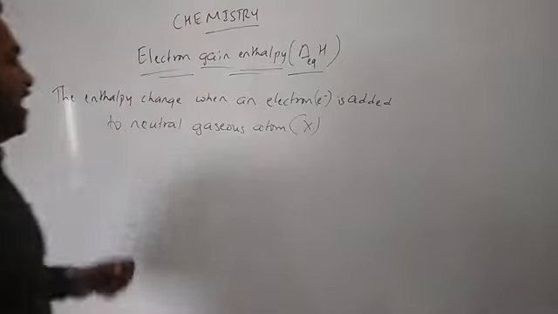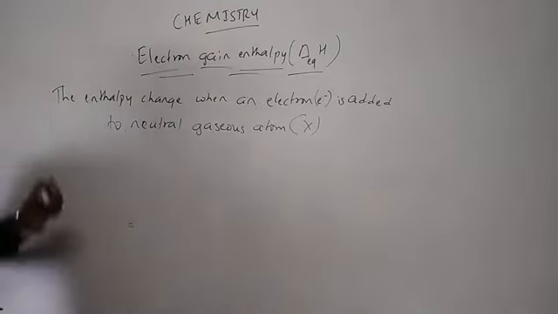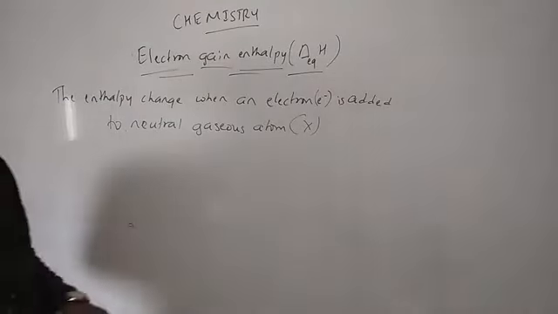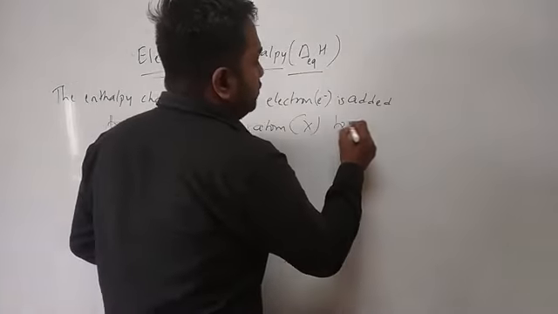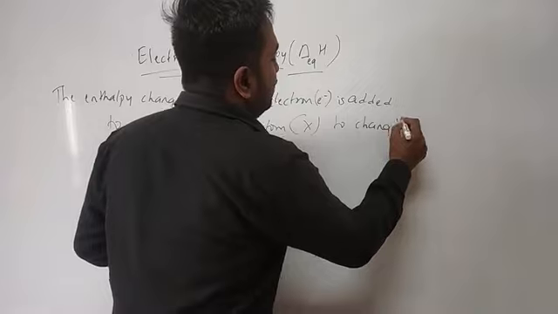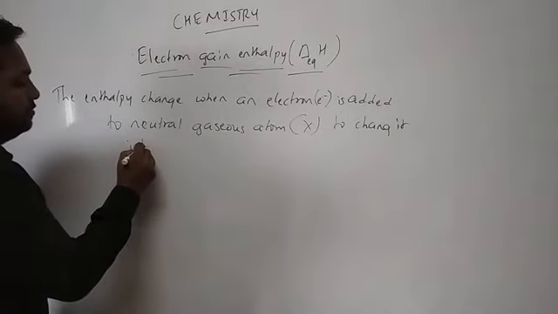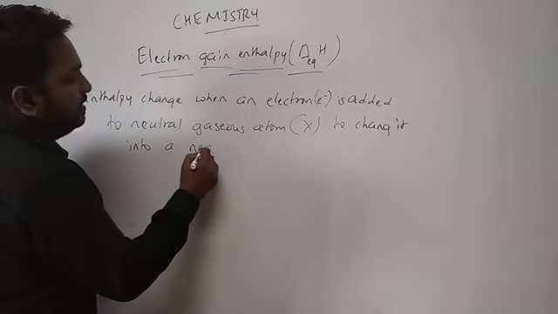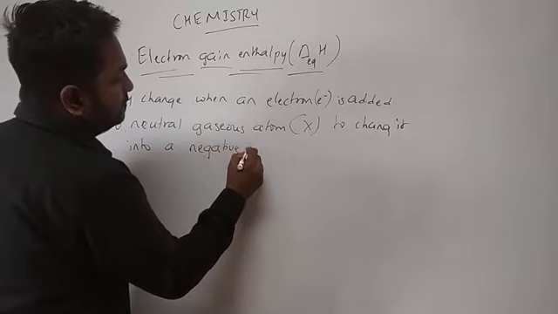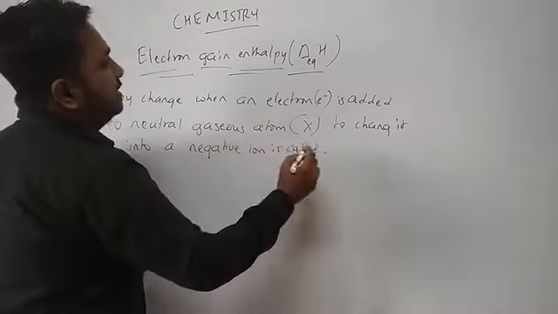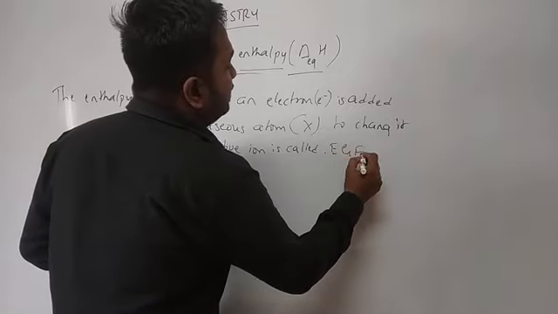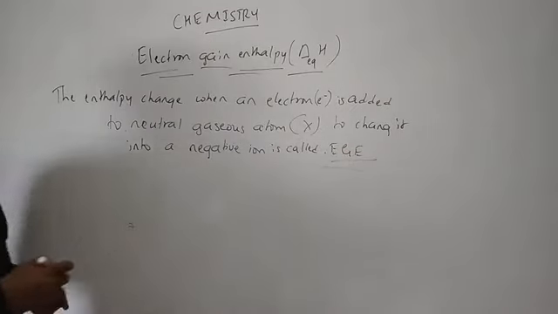The enthalpy change when an electron is added to a neutral gaseous atom to change it into a negative ion is called electron gain enthalpy. Clear? So this is the simple definition.